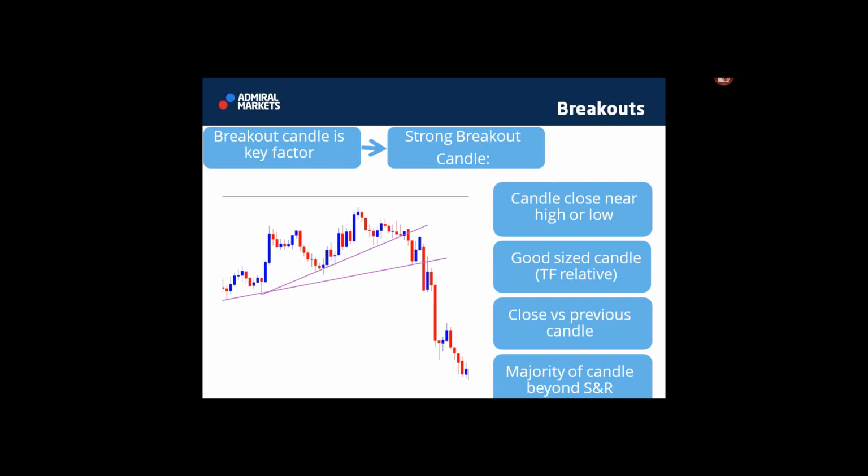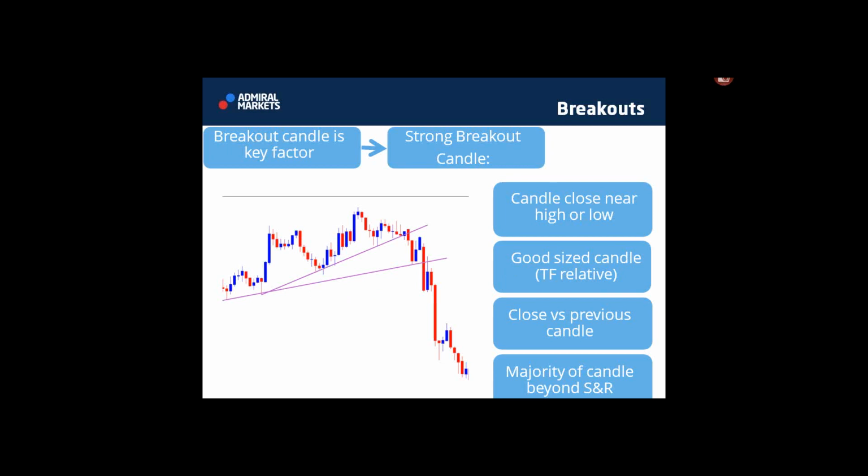So if you're trading the hourly chart and that's where you enter, you want to see an hourly candle that has a good close near a high or low. If you're trading the daily chart, then you want a good daily candle. If you're trading the 4-hour chart, a 5-minute chart is not relevant, obviously.